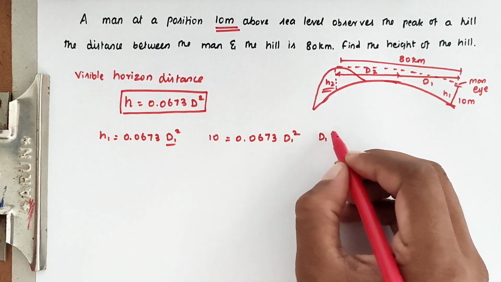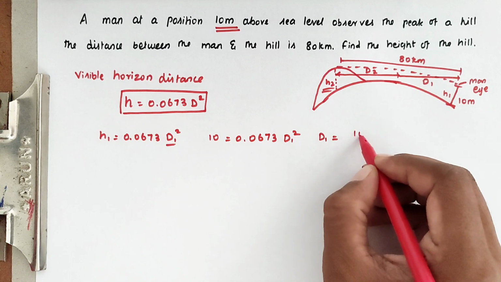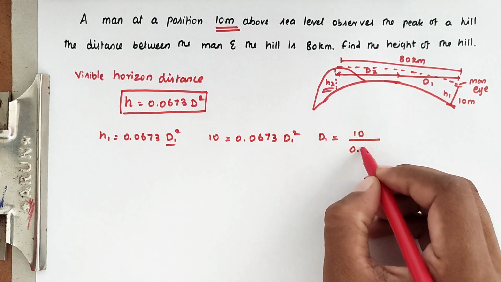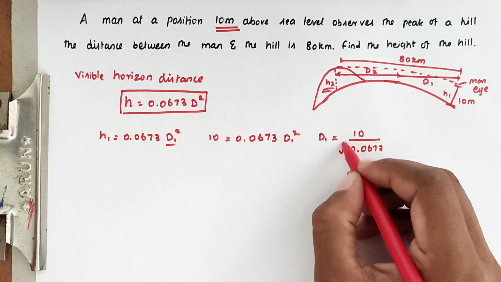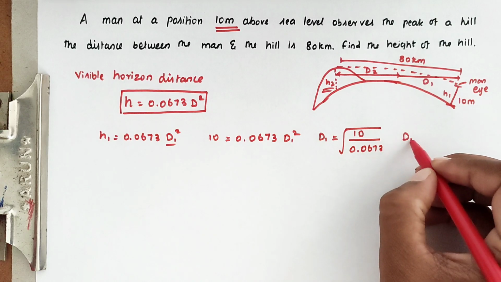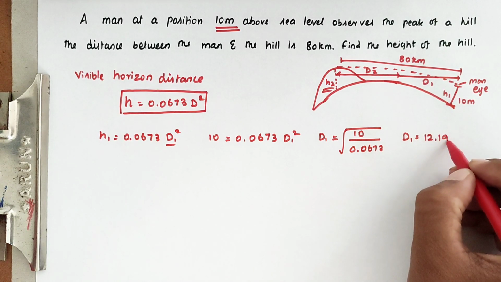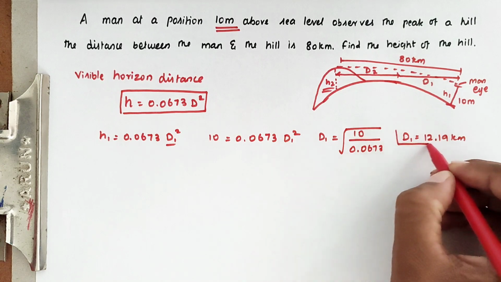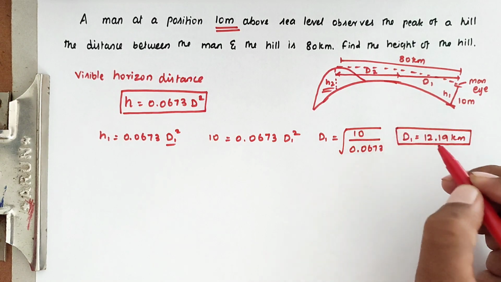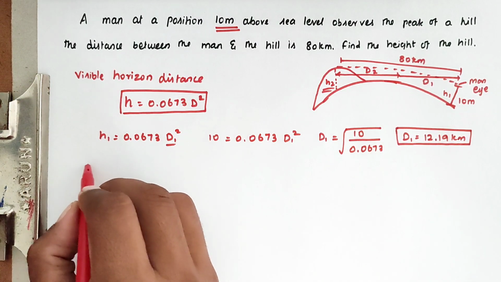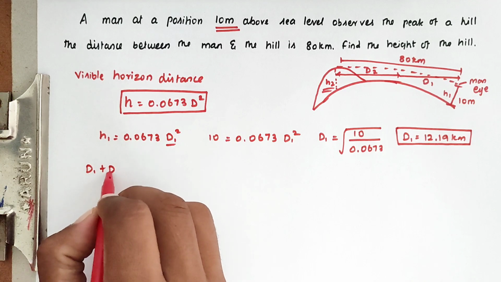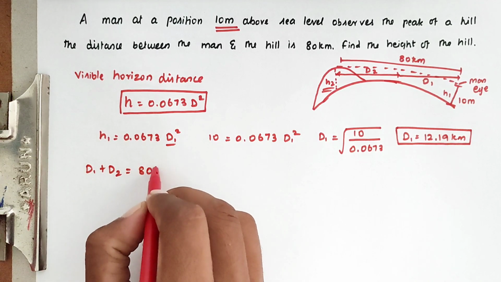So d1 equals the square root of 10 divided by 0.0673. Now d1 equals 12.19 kilometers. Next, we know d1 plus d2 equals 80 kilometers.